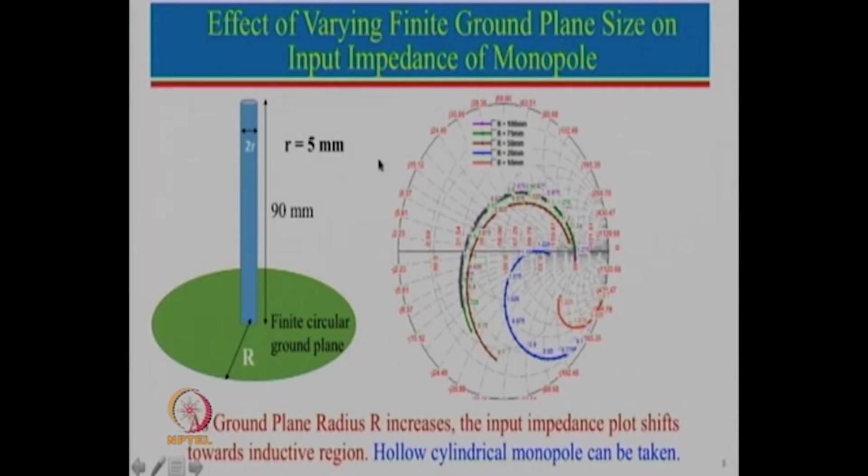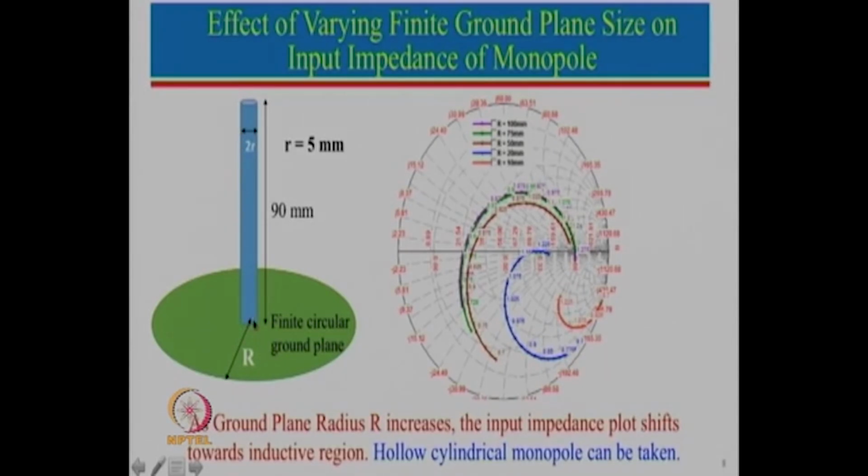So here what we have done, we have fixed the radius equal to 5 mm, and the length is also fixed as before, which is 90 mm, and now we are changing the ground plane. For the simulation we have taken a circular ground plane and put the monopole antenna right at the center.